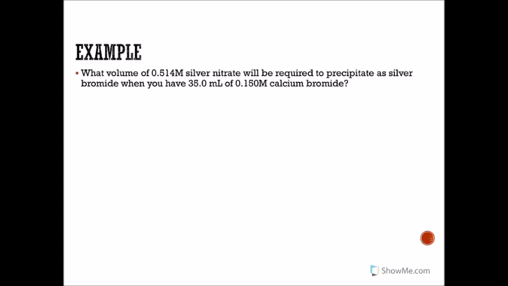So we're starting with calcium bromide. And it precipitates as silver bromide, so it's forming silver bromide. Which means silver nitrate is a reactant, because that one read a little bit funny.